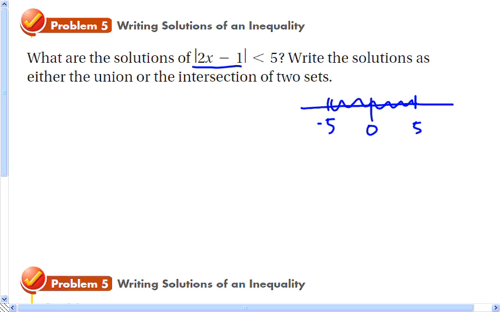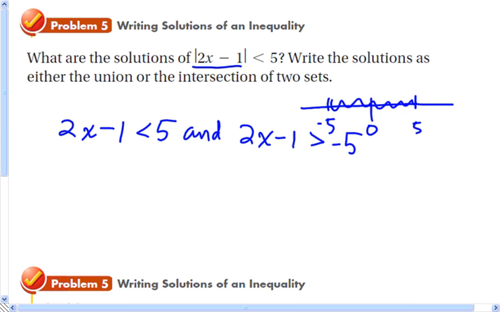So 2x minus 1 has to be less than 5, and 2x minus 1 has to be greater than negative 5 to be true. So we have 2 things we need to solve here.